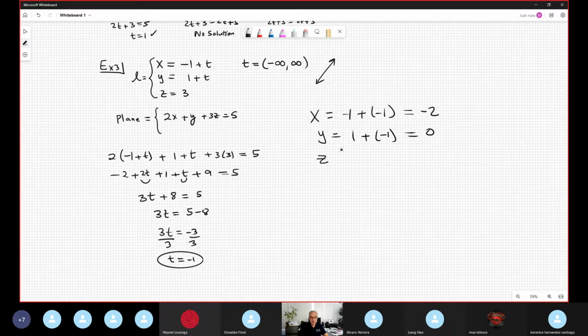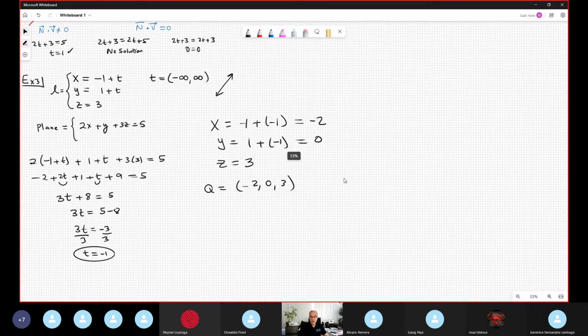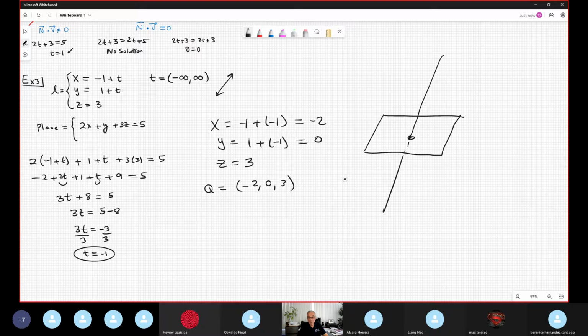And z is 3 because z does not depend on t. Okay, this is the famous point that I'm looking for. Let me call Q the point (-2, 0, 3). Okay, this is the point in which, look, my plane and my line, boom, touch. Okay, this point is this point.